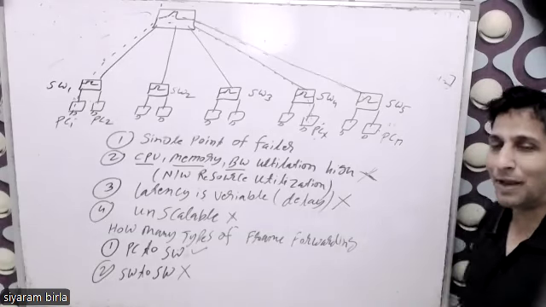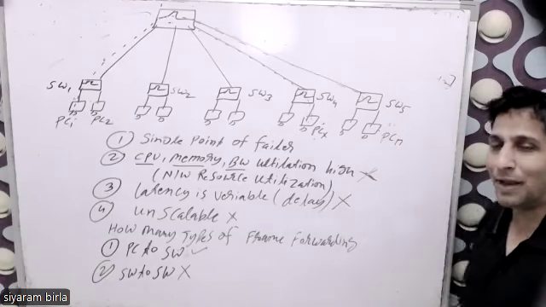So for this switch, I will take another switch, the same capacity, the same horsepower, and I will connect it for redundancy. I will connect the secondary cable here. If one link goes down, then the traffic goes via the second link.